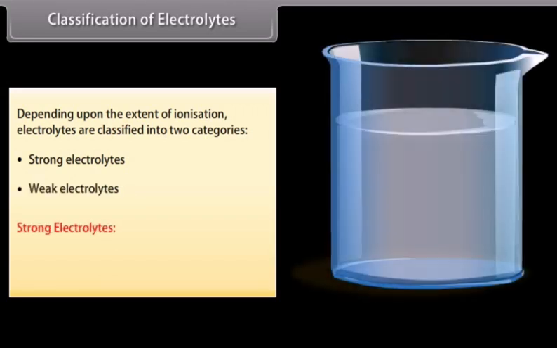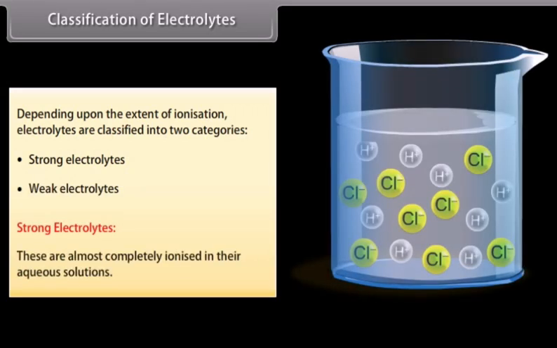Classification of electrolytes. Depending upon the extent of ionization, electrolytes are classified into two categories: strong electrolytes and weak electrolytes. Strong electrolytes are almost completely ionized in their aqueous solutions, for example, HCl, NaOH, and KCl.